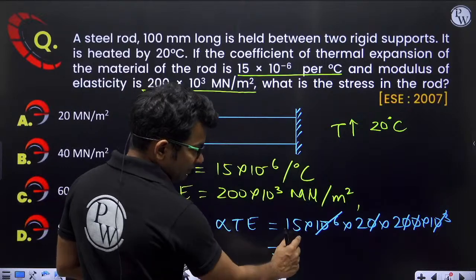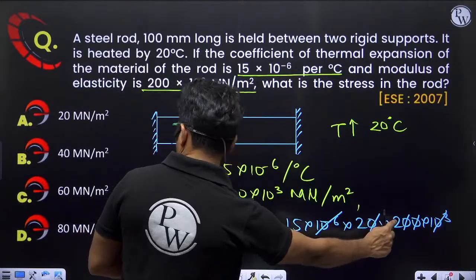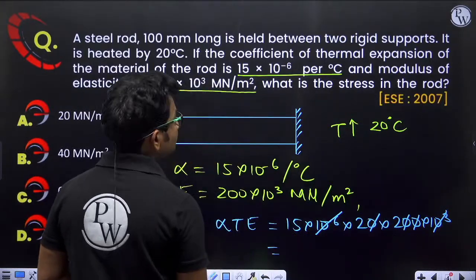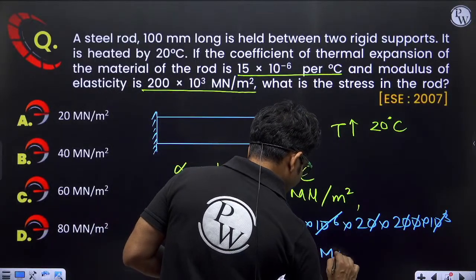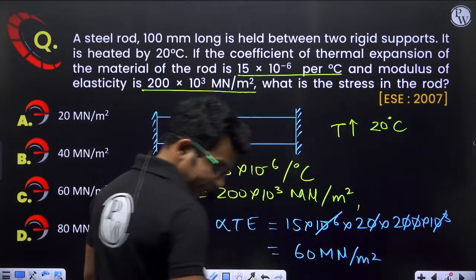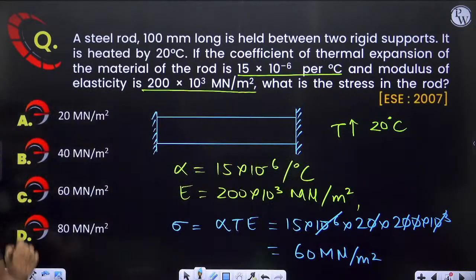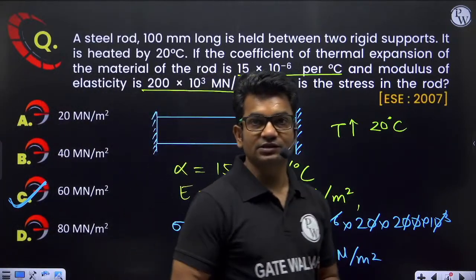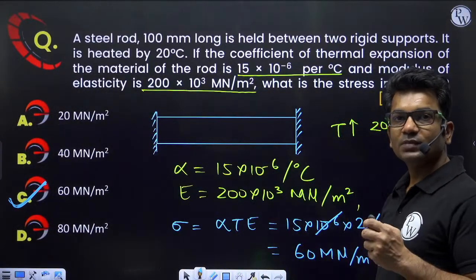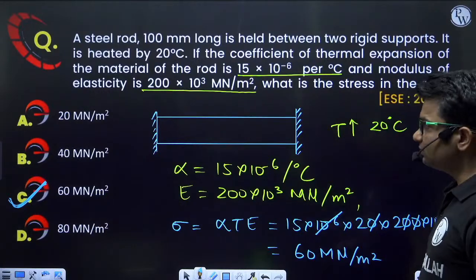We will be getting 15 into 2, that means 60 meganewton per meter square. 60 meganewton per meter square will be the correct answer, so we'll be getting option C as the correct answer. Let's move on to the next question.